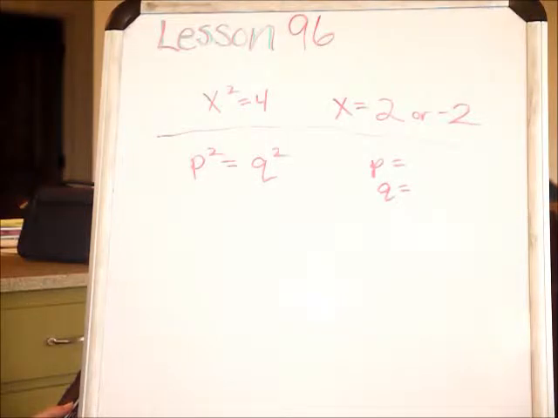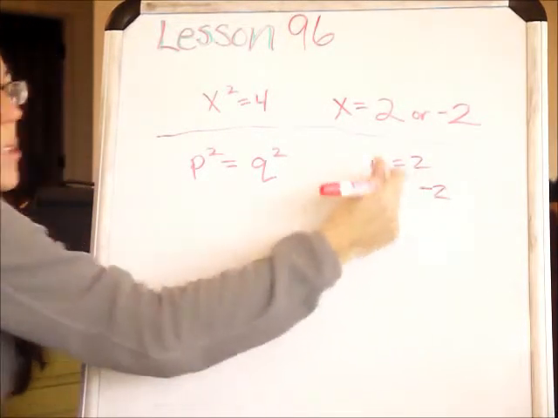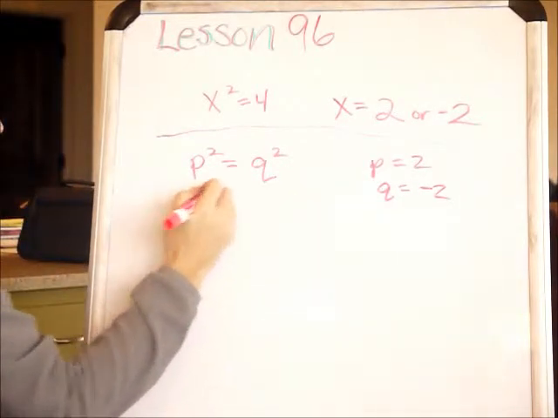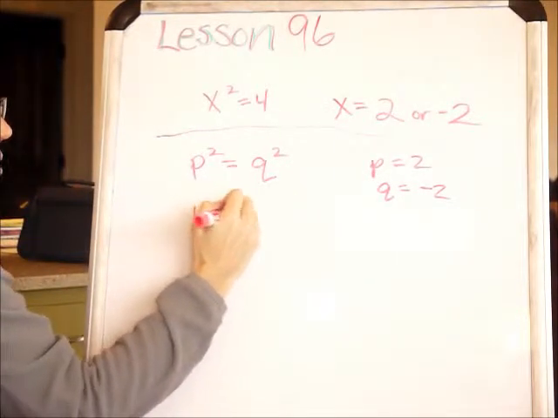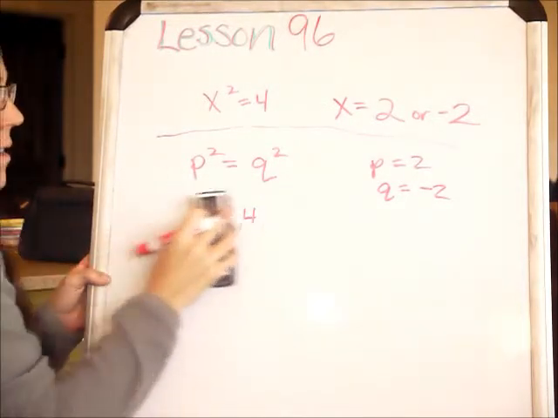It could be like negative 2 and 2. Would this work to make this a true statement? Is negative 2 squared, which is 4, equal to 2 squared? Yes, that would work. Good, Isaac found one.